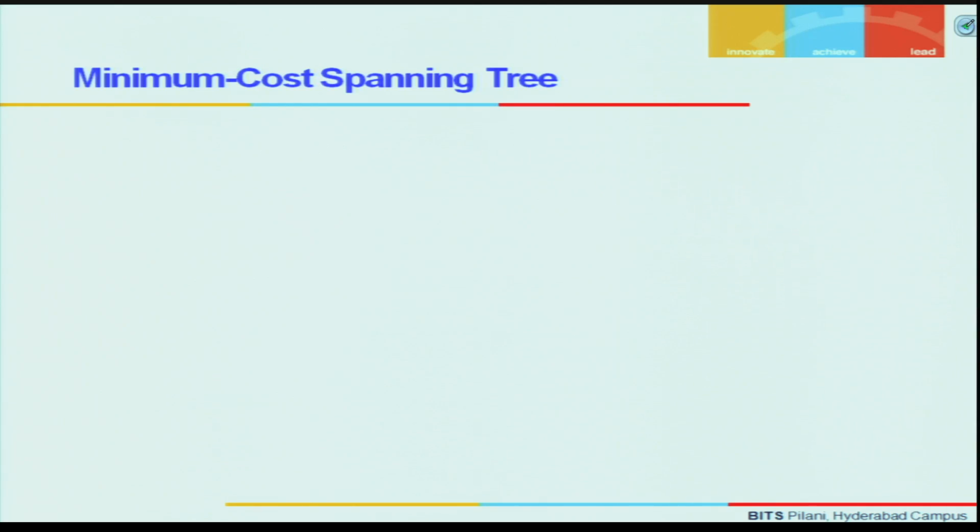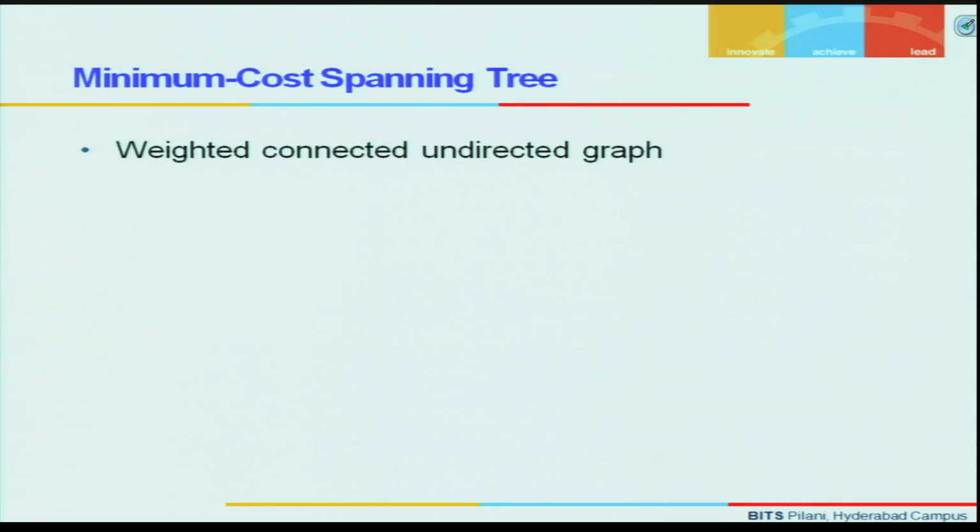First, the weighted connected graph. It is simple. So this is a graph, we all know that, but if weights are given to each edge, we call it a weighted graph.